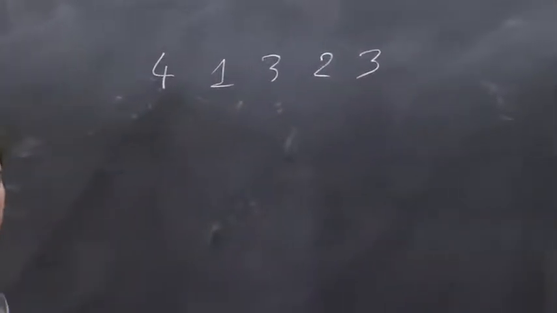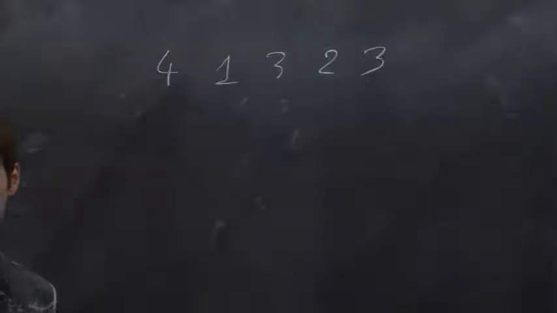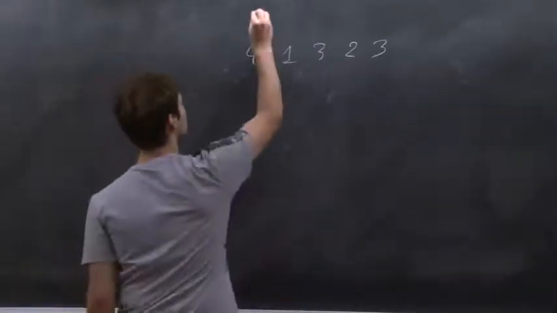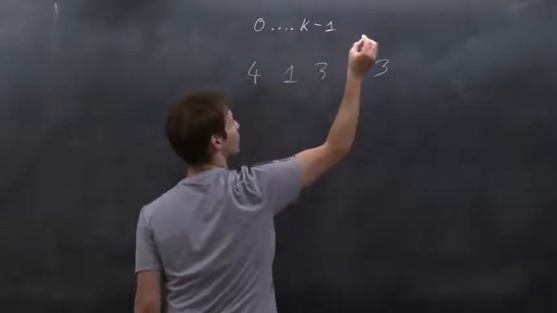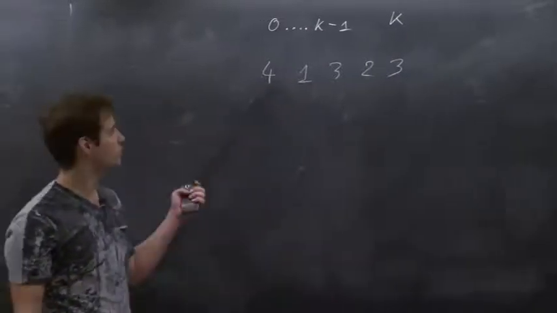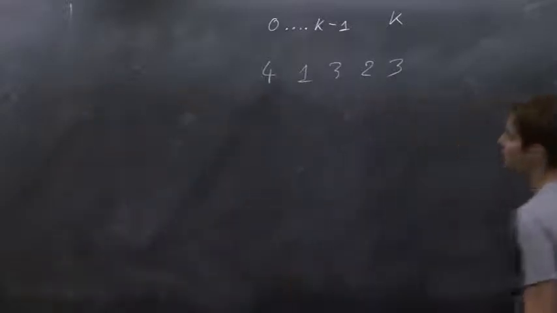How do we sort it using counting sort? We initialize an array of all of the possible values. Very good. So counting sort needs to know something about your values, right? It makes an assumption. And the assumption is that these values are integers from 0 to, say, k minus 1. So you have k possible values. And they don't really have to be these as long as you can map them to these numbers. So we are going to initialize an array.